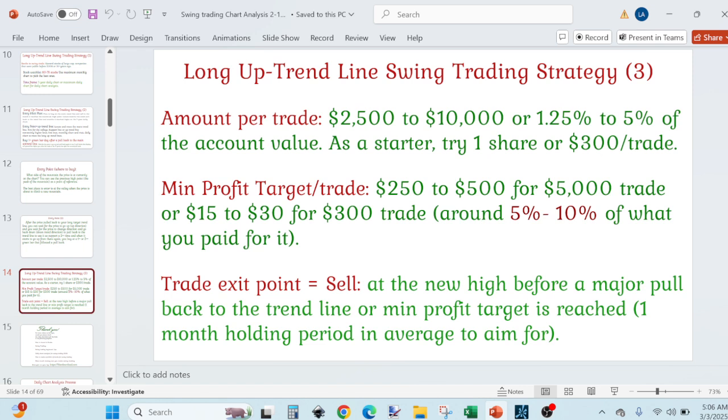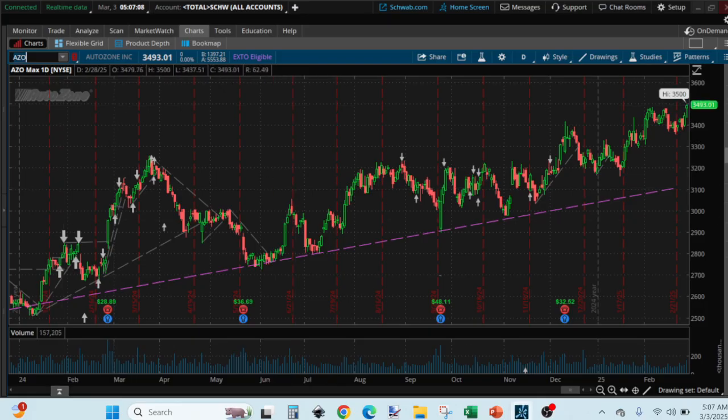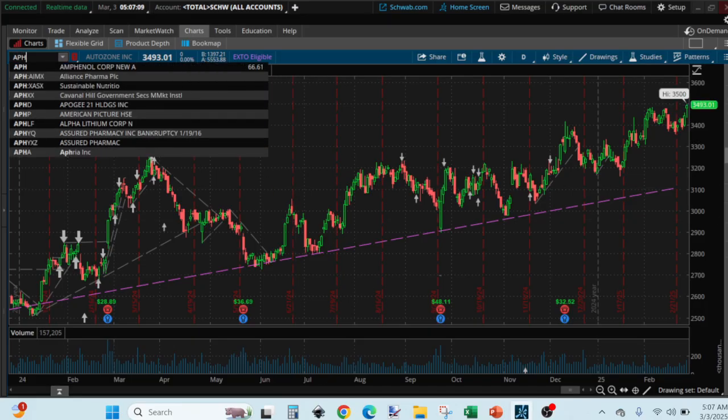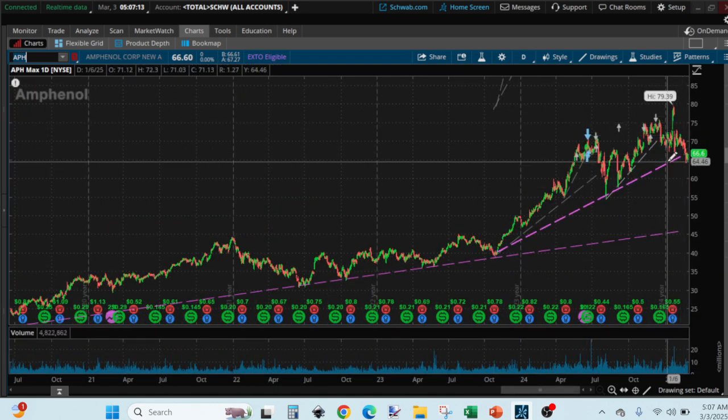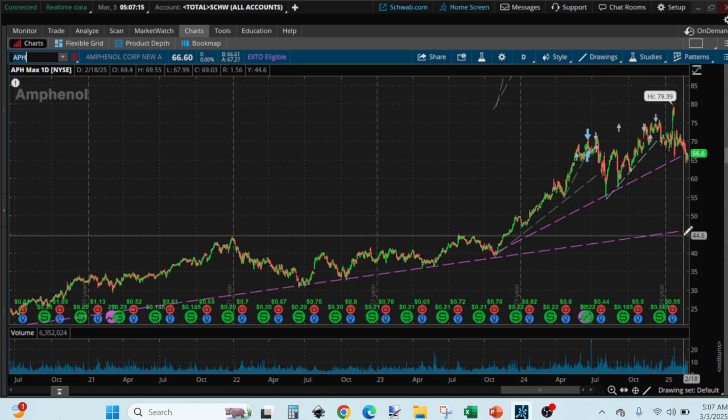Or if you have a higher uptrend line, like for APH, we have two. One was higher than the bottom one. So if you're getting in at that level, maybe the new high could just be around 5%. You see, this is higher up compared to this one.